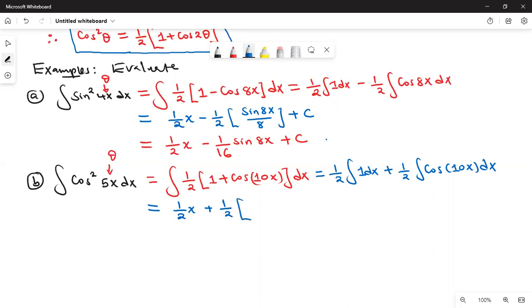When you integrate cosine, you get sine. So that is sine 10x, everything over 10 plus a constant c.